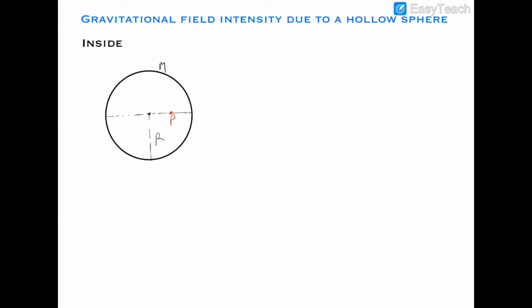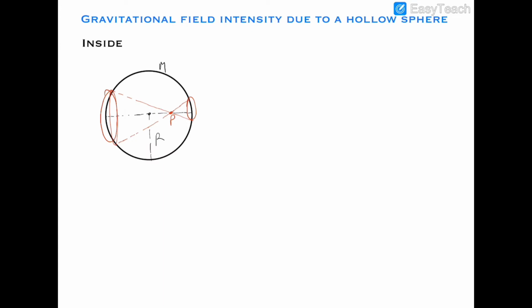You can see that if we draw these two cones, whose apex point is P, the mass of the sphere lying in this cone and the mass of the sphere lying in this cone are distributed in such a way that the gravitational field intensity due to this mass at this point and the gravitational field intensity due to this mass at this point just cancel each other.